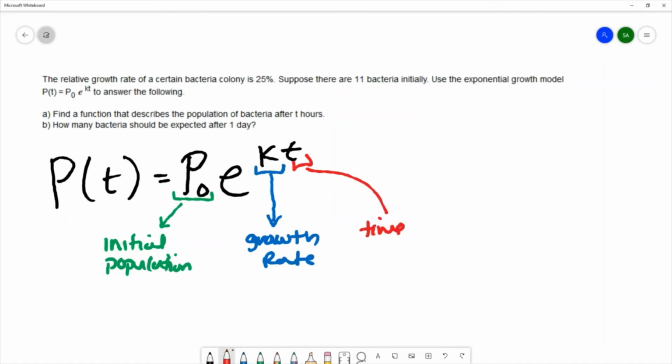I want to read the question one more time to see if it mentions a time period. We'll notice here that it says find a function that describes the population of bacteria after t hours. The relative growth rate is 25%. Assume there are 11 bacteria initially.